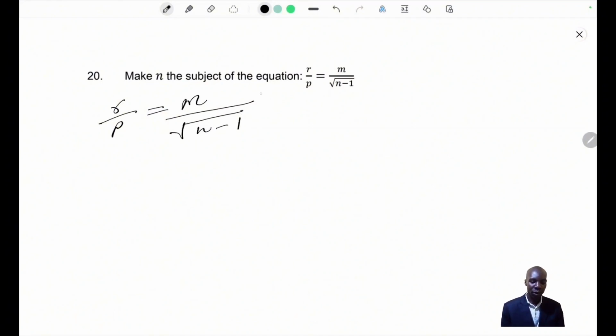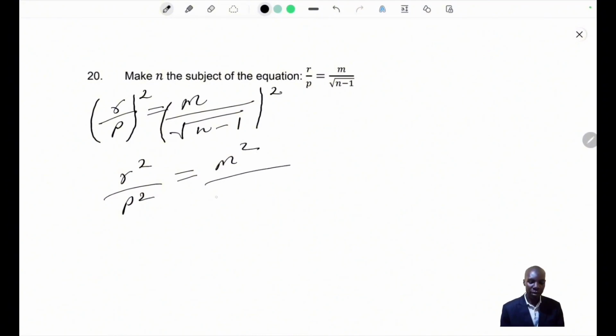So this one we can do away with the square root. And if you want to do away with the square root, you square both sides. So we'll have r squared over p squared equals m squared over n minus 1.